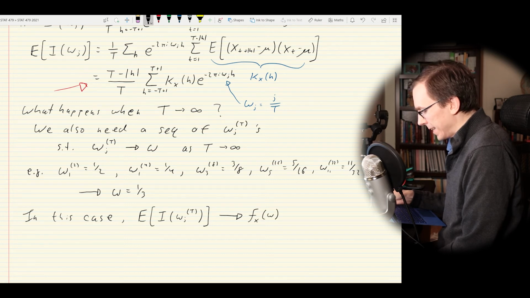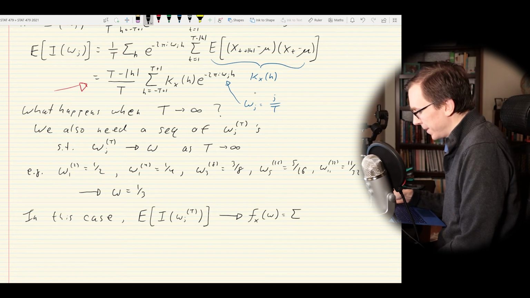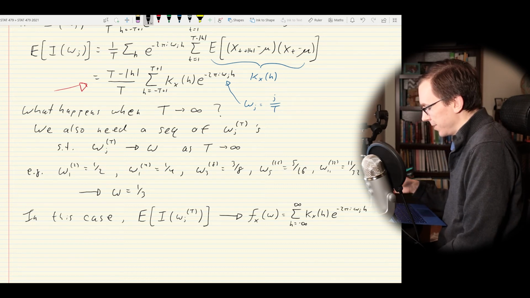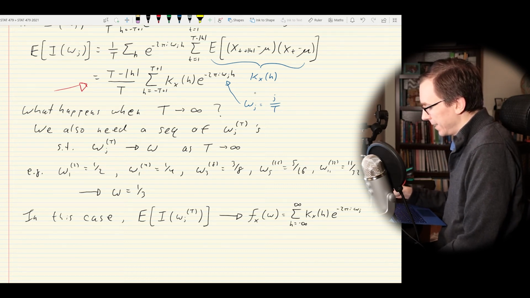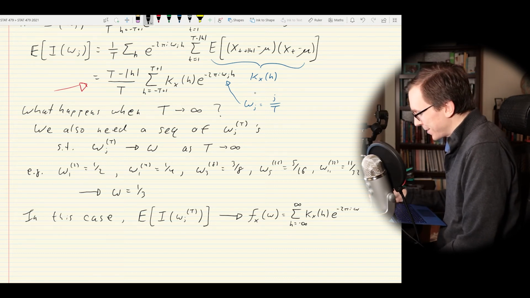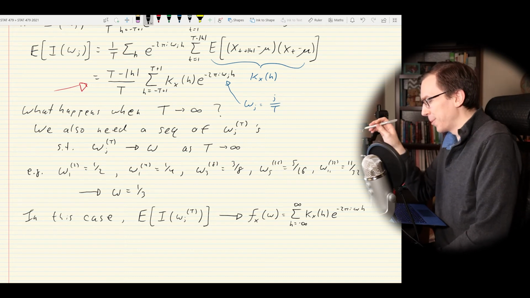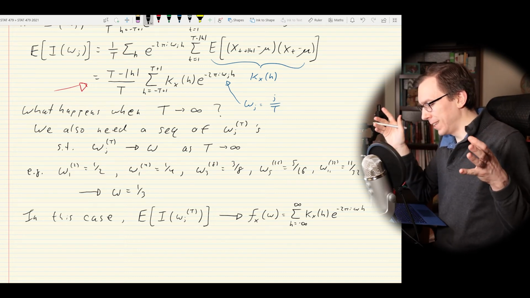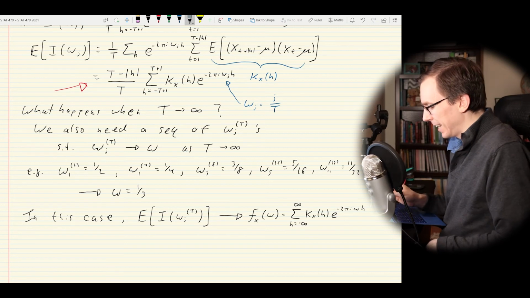f x omega, which is just, as we noted from the Wiener-Khinchin theorem, the sum over h from minus infinity to plus infinity of kx h e to the minus 2 pi i omega h. Oh, I put a j in my notes, but I don't want a j there because now we're tending towards some limiting omega, right? Like I said up here in gray.